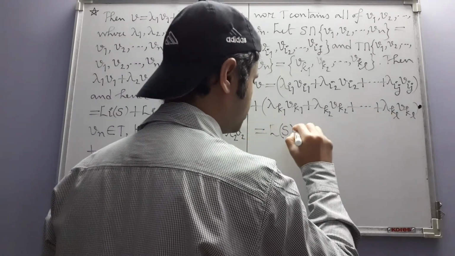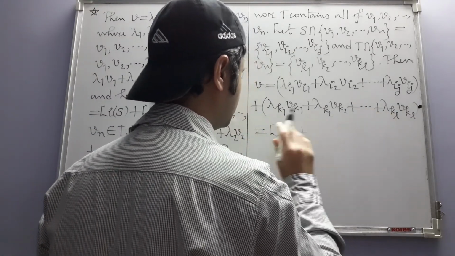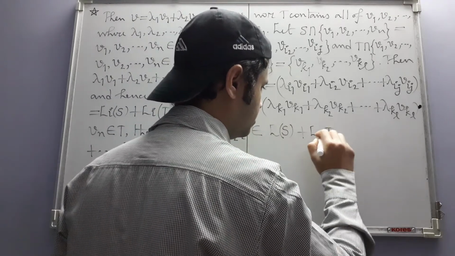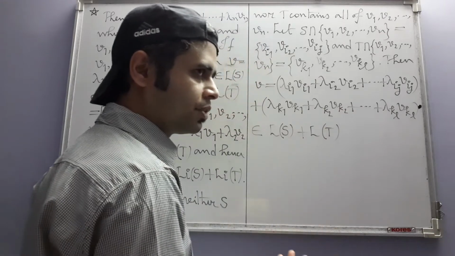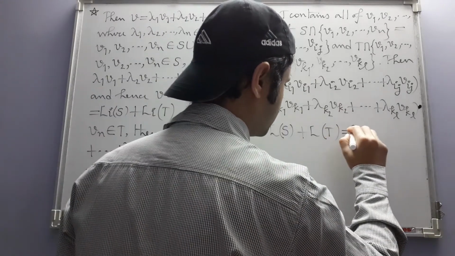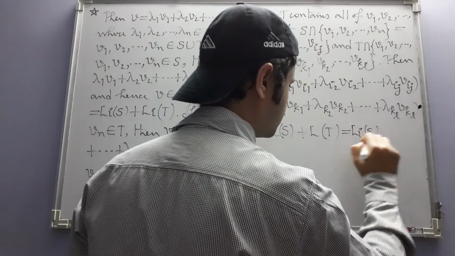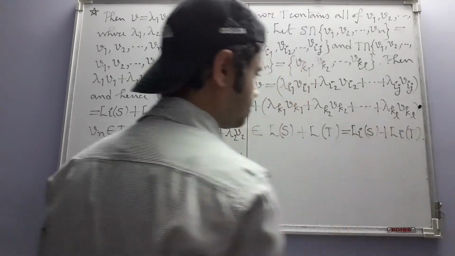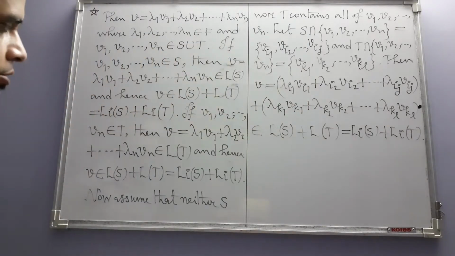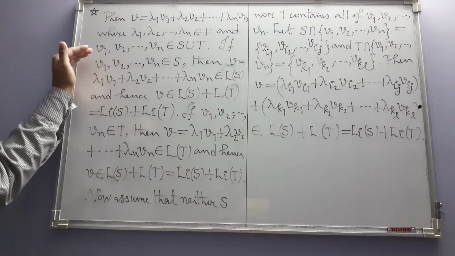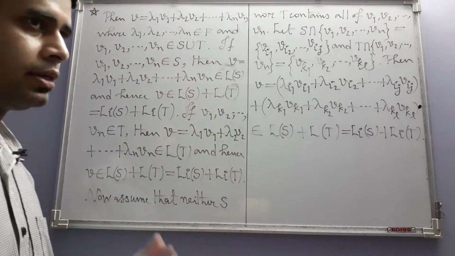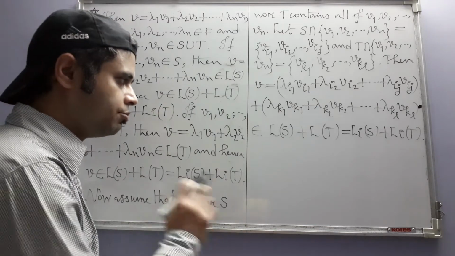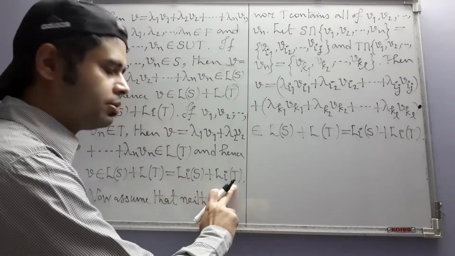Like that, the second one belongs to the linear span of T. And again, because S and T, both of them are non-empty, so this is Li of S and that one is Li of T. So in any case, either when all the vectors are in S, or when all of them are in T, or when that is not the case, V has been shown to belong to this.